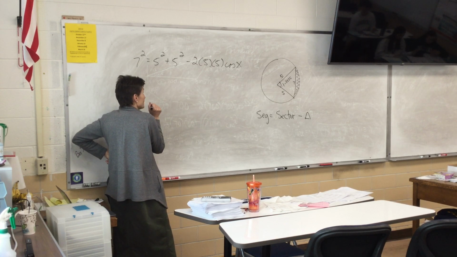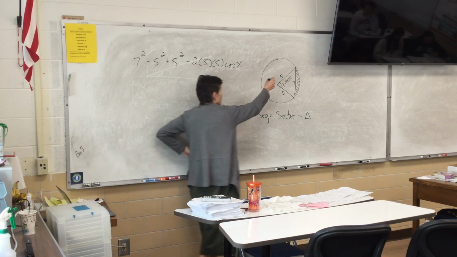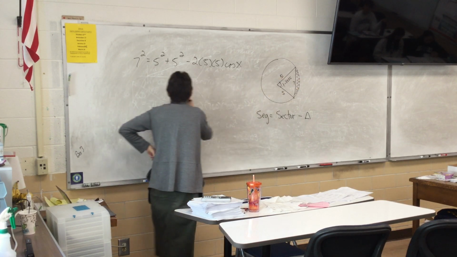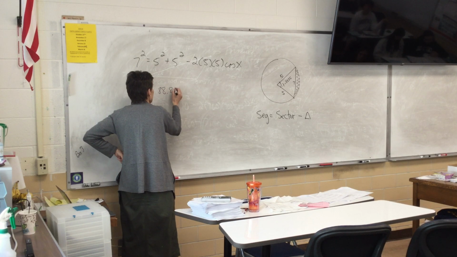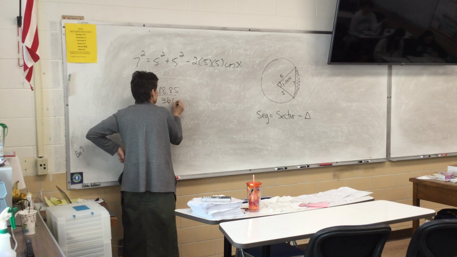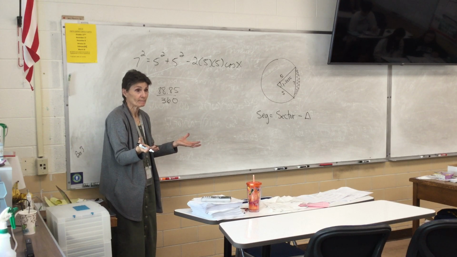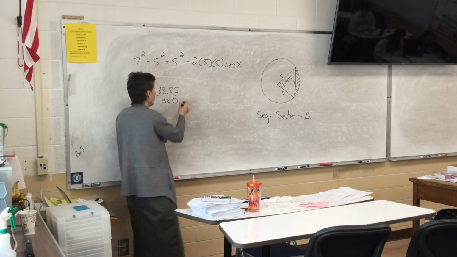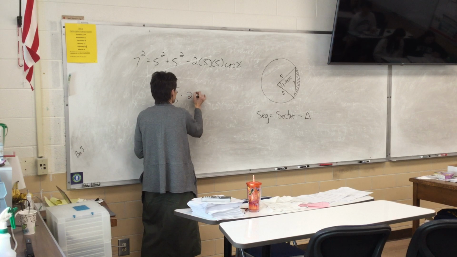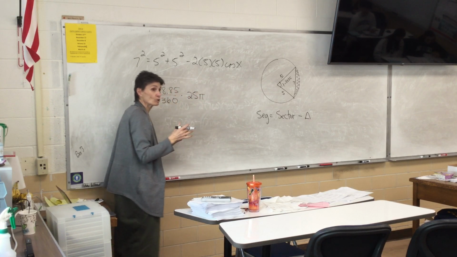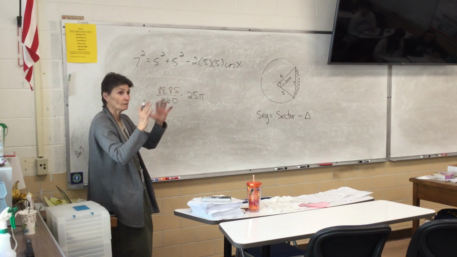Well, this piece of the pie is 88.85 360ths of the whole circle. Would you agree with that? And the whole circle is 25 pi, pi r squared, the area of the whole circle.